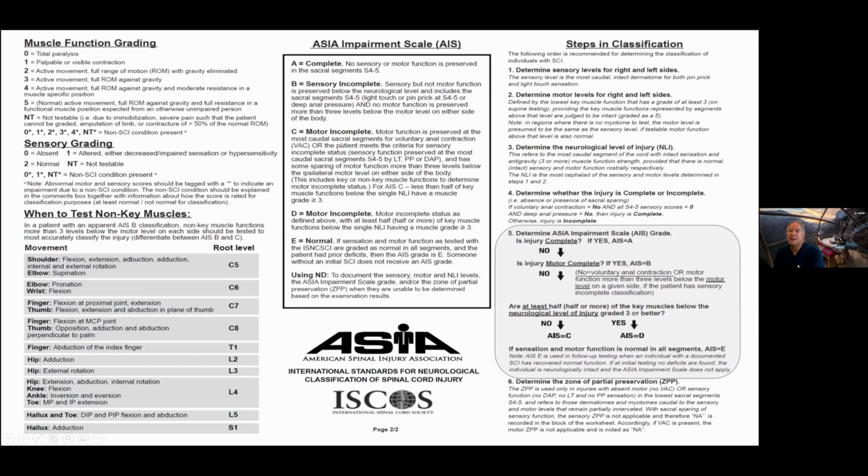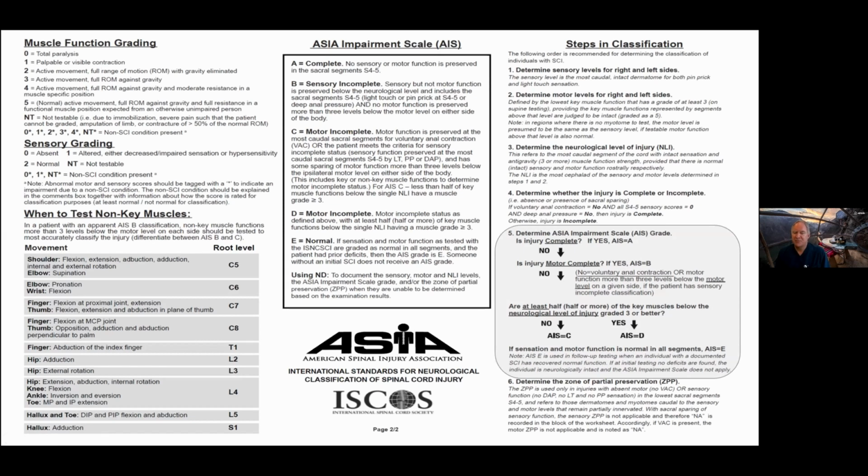C is that you have motor incomplete, that is, you have sensory and or motor function preserved in the sacral elements, and you have at least 1 muscle group functioning at less than anti-gravity strength, and all you need is just 1 motor group to become an ASIA Impairment Scale C. But the majority of muscle groups below the level of the injury are considered less than anti-gravity.